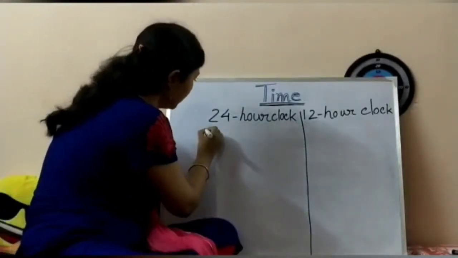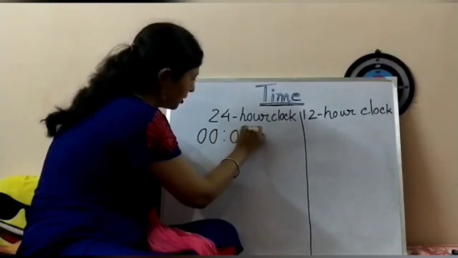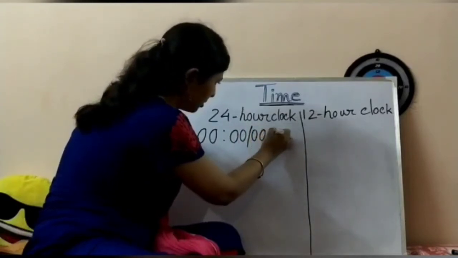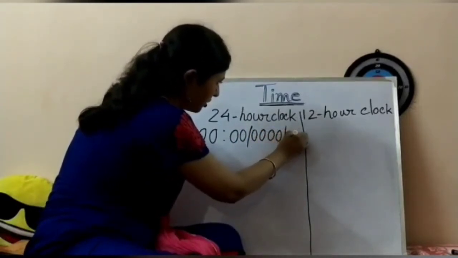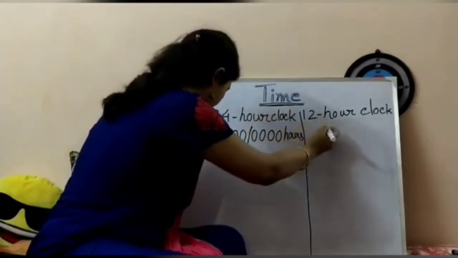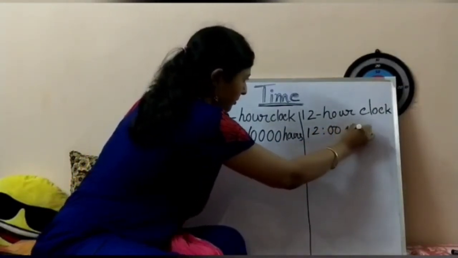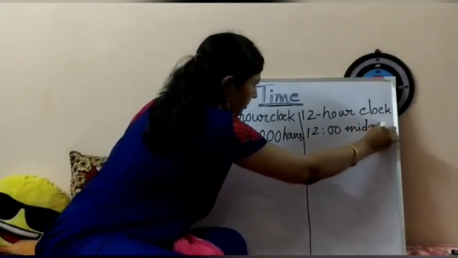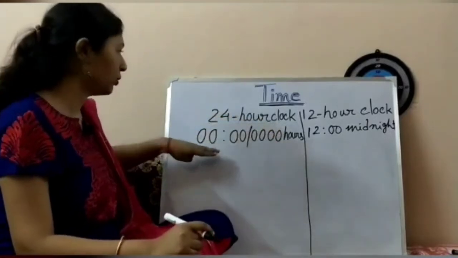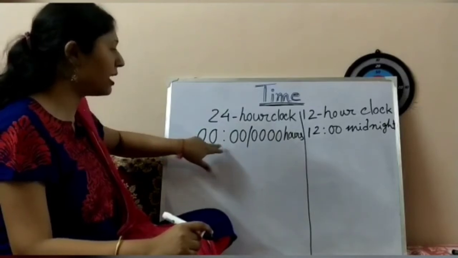Here, in the 24-hour clock, we should write down 00 hour and 00 minute.